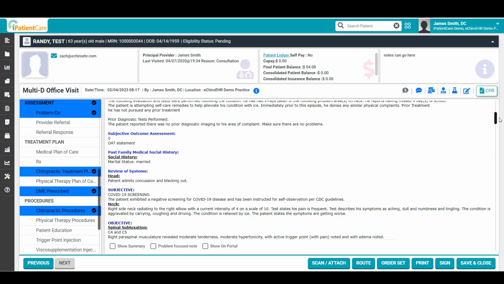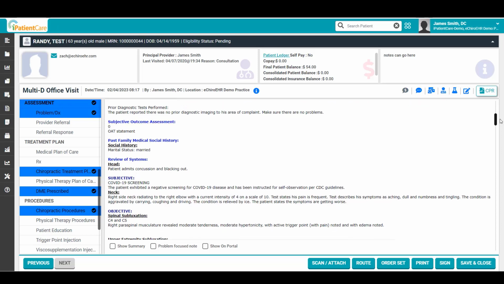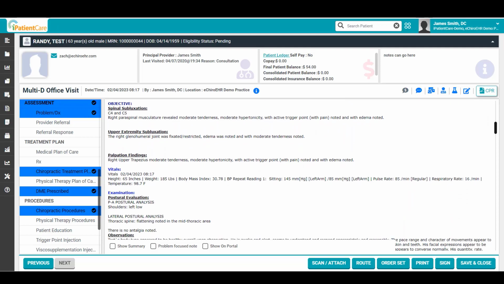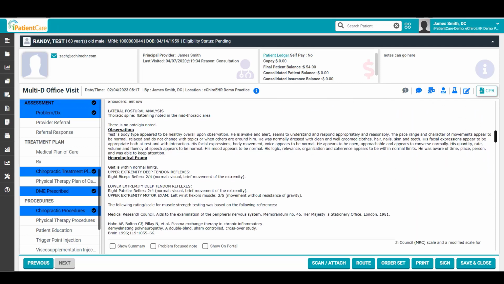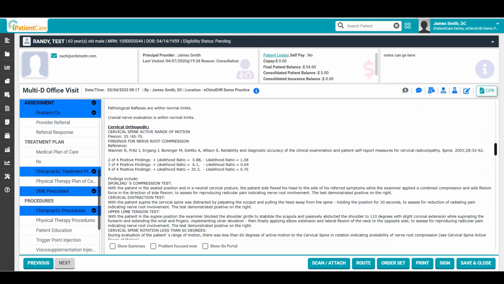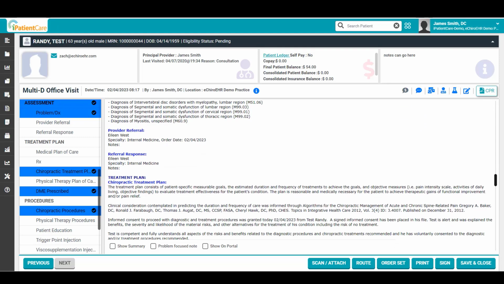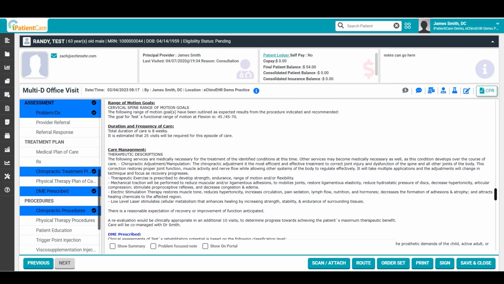You can see in bold and underlined the note system, and then in regular font print, the macro elements. And reading through the note to make sure that it's concise, we haven't missed anything. And then we can go ahead and move forward with signing the note.